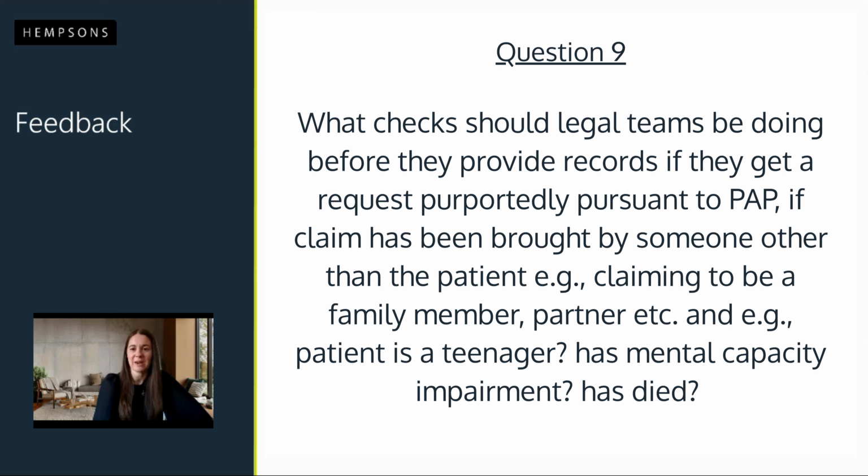If the request's from the claimant solicitor, it's likely that they've gone through those checks that we mentioned earlier. But otherwise, I'd be cautious unless you've got clear documentation as to who they are. So we're not going to disclose records to someone's friend, but if it's the mother of a child, then that's probably okay. I don't know if you've got any more specific examples to add to that, Vicky.